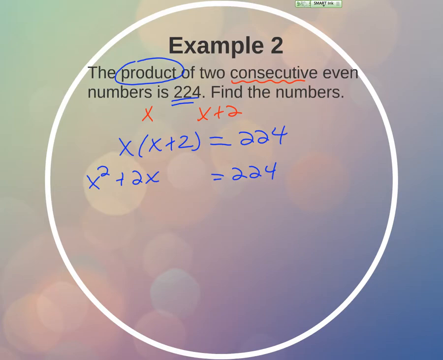But since we are completing the square, I just left it like this because I can put my blanks on both sides. And c, remember, is b divided by 2, squared. So b is 2. 2 divided by 2 is 1, and 1 squared is just 1.